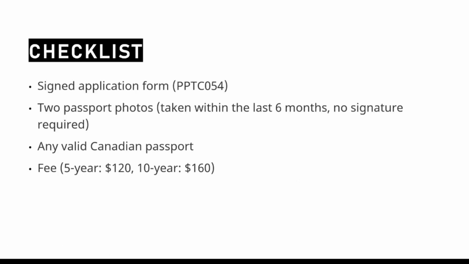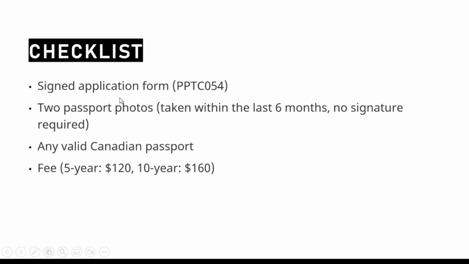The last piece, the checklist. I already talked about the required documents while filling in the application form. Now we just want to re-emphasize it. So for the adult passport renewal application, you just need 4 documents.